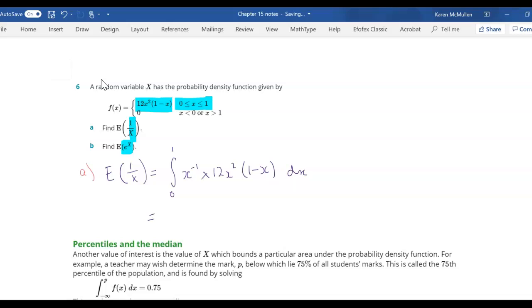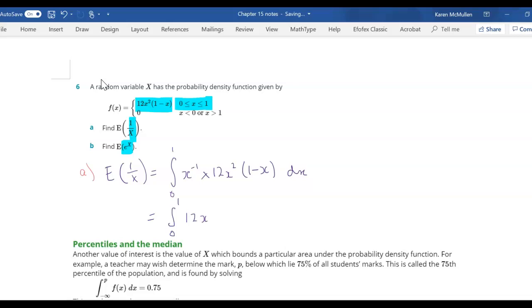I'm going to tidy up what I'm taking the antiderivative of. So x to the negative 1 times 12x squared is going to become 12x. Negative 1 plus 2 is 1, so just 12x, and then times (1 minus x).